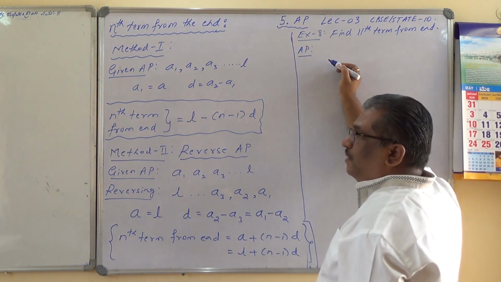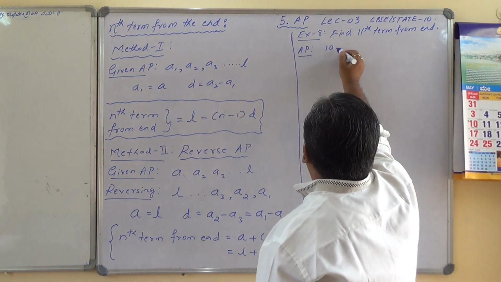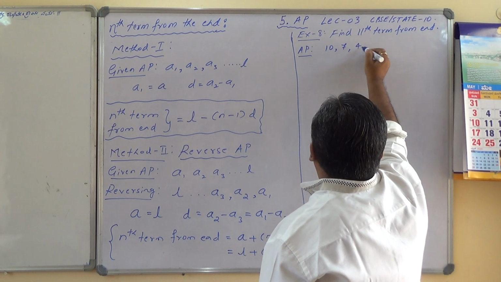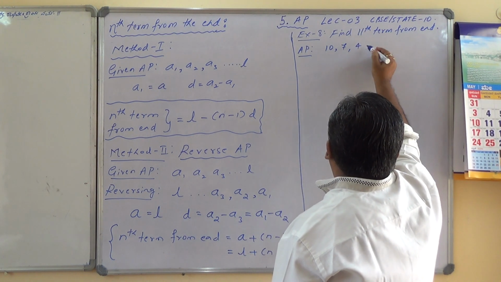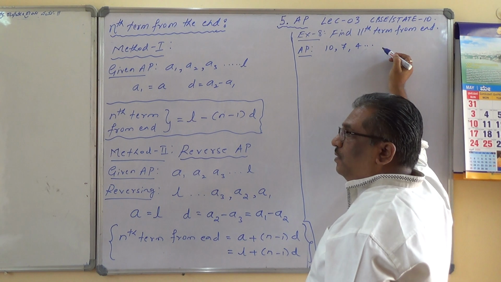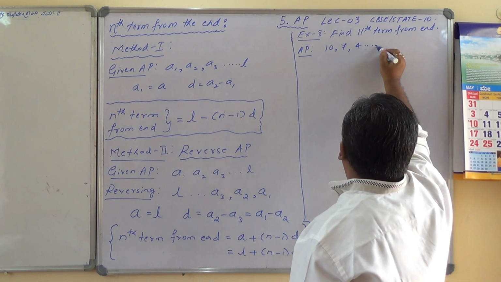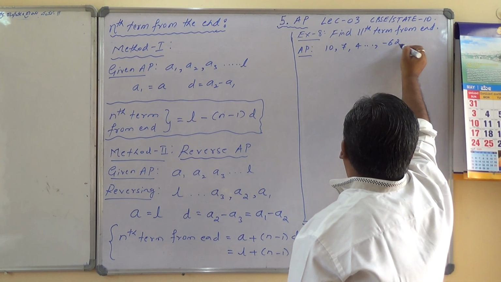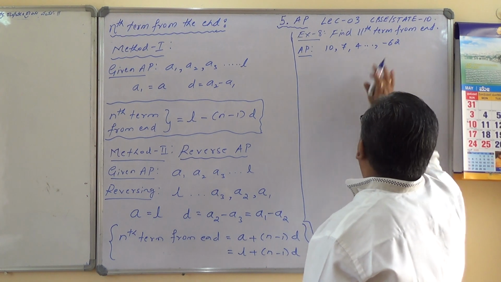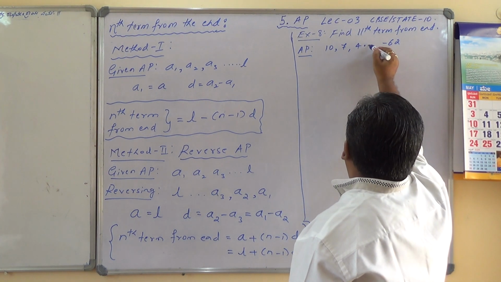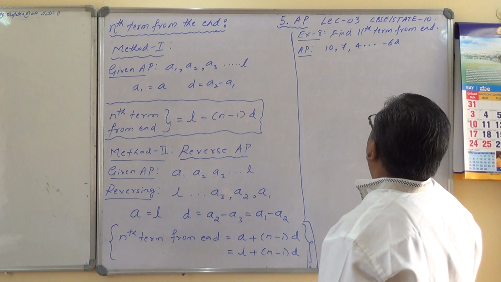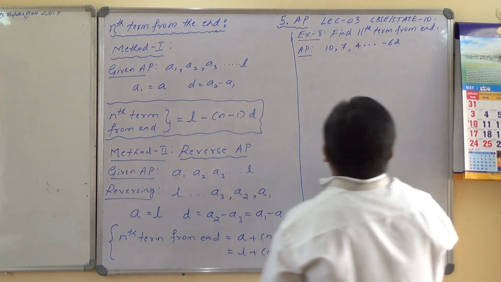The given AP is 10, 7, 4, dot dot dot, minus 62. This is what is given to you. Okay, it continues until minus 62. So let's see here.